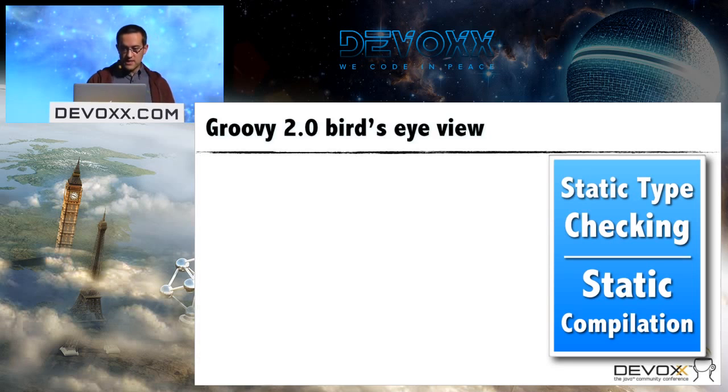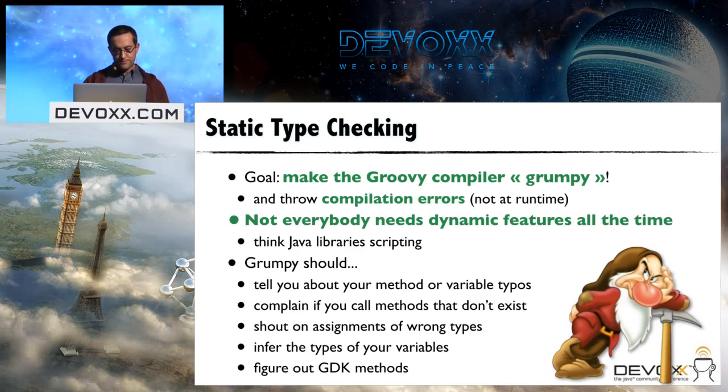Let's talk about that: static type checking and static compilation. For the static type checking part, the idea was to make the Groovy compiler more grumpy, like the grumpy dwarf, and throw compilation errors at compile time, obviously, rather than having errors at runtime.